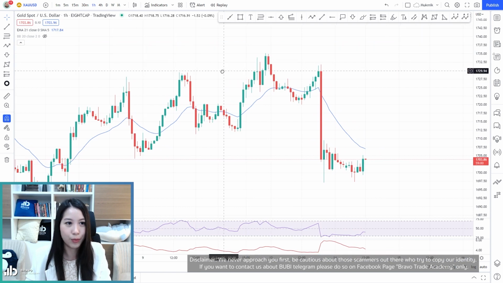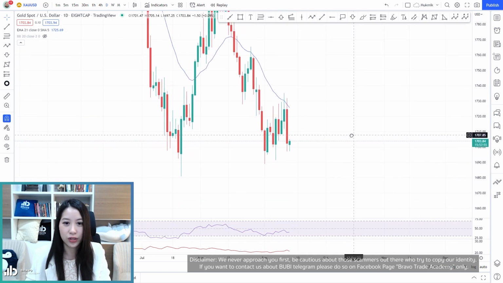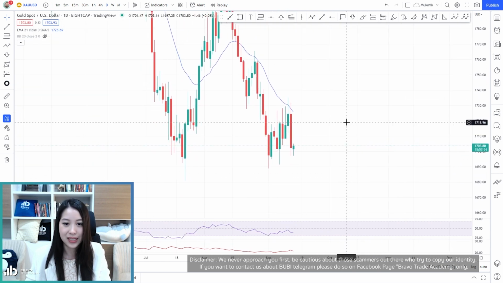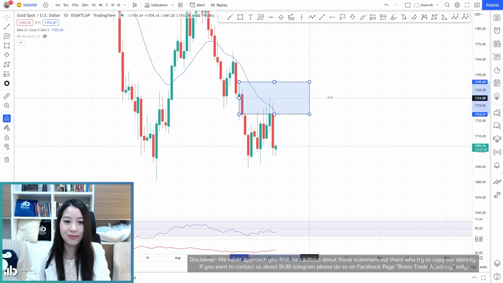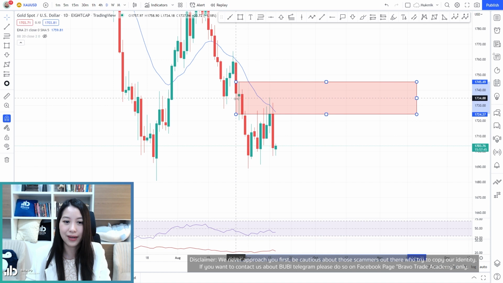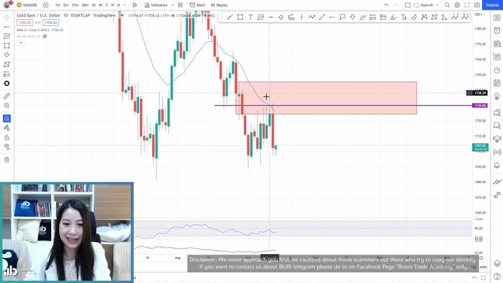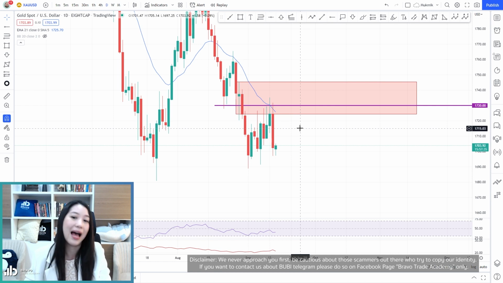Okay, let me remove all the drawings first, and then we need to go to the daily time frame again. Alright, so really beautiful. We've got our supply zone here in the daily time frame, if you remember, with our resistance at around 1730. That's the major resistance that we had.